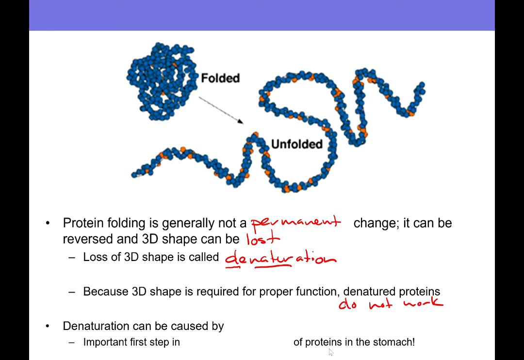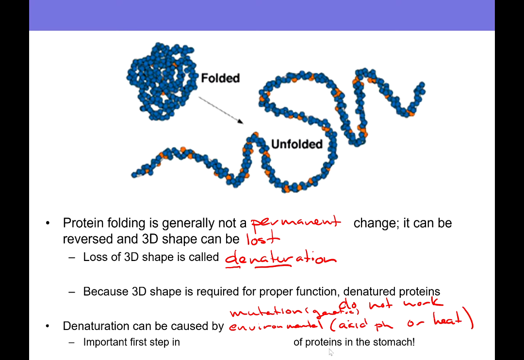And denaturation can be caused by mutation, genetic changes, or by environmental changes. So things like acid pH or heat can cause denaturation of proteins.